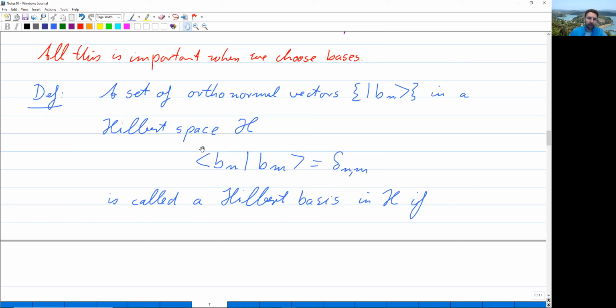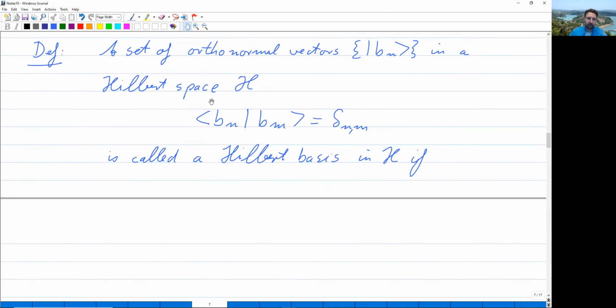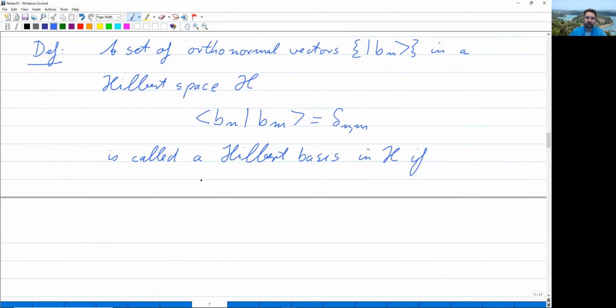every vector in our Hilbert space can be uniquely represented as a linear combination of these orthonormal vectors.